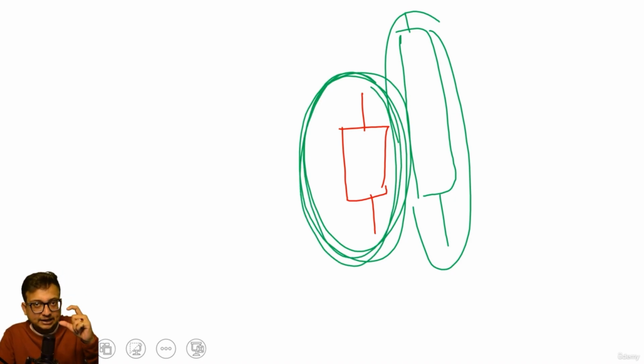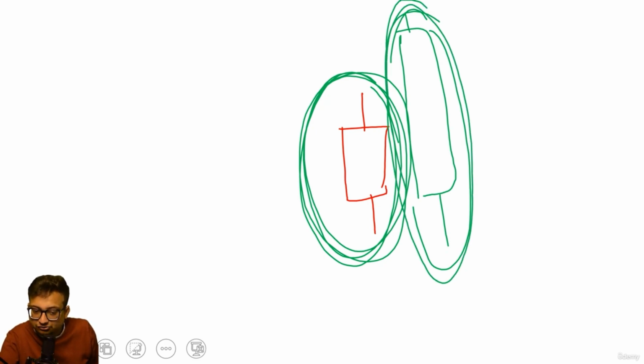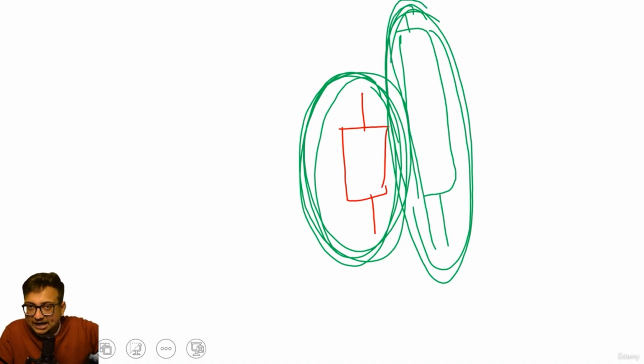If it is able to engulf, meaning eating, grasping, covering, this particular big candle is covering the small candle entirely.